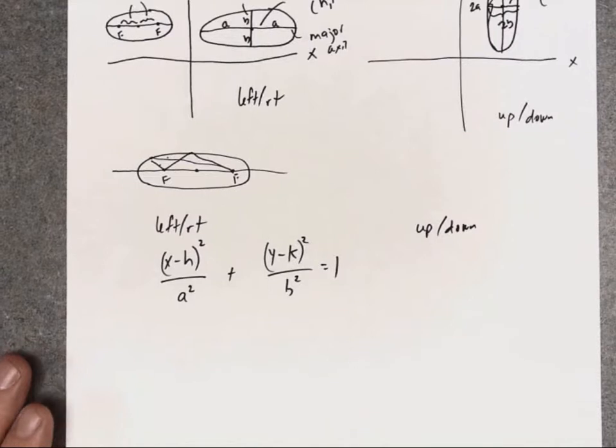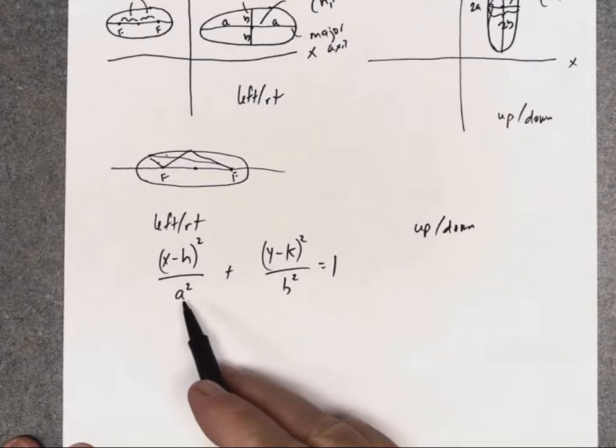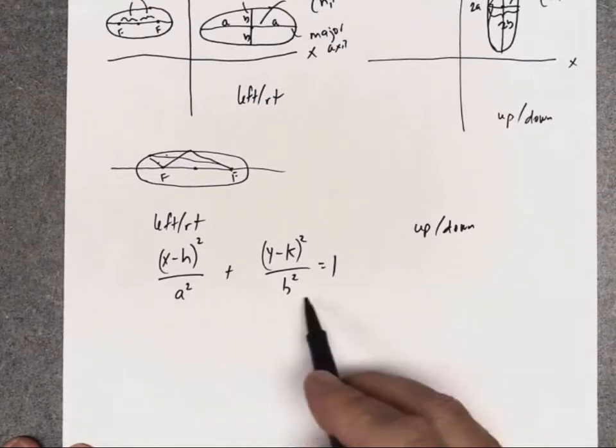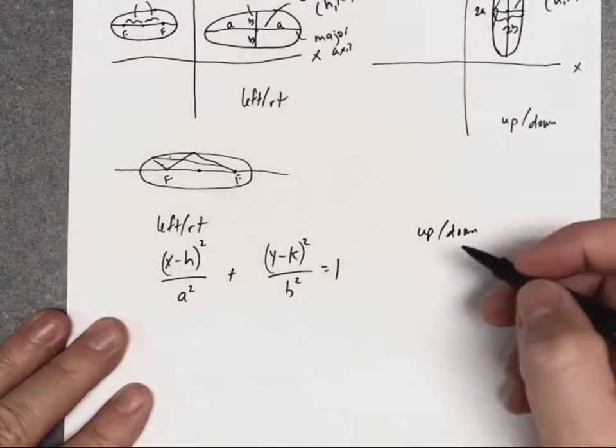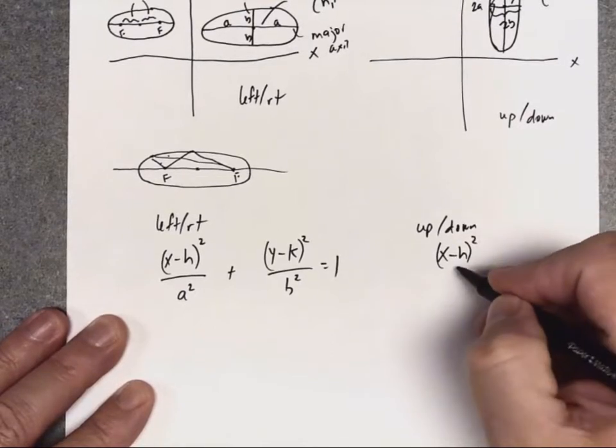Now for the up and down, you notice only one thing is going to change, and that is that the a and b are going to be sort of switched. So let me write this, then I'll explain to you what's going on.